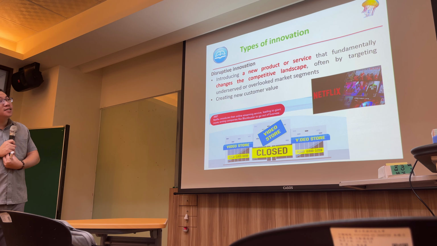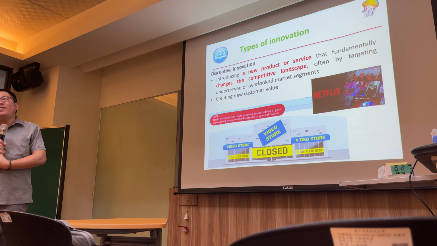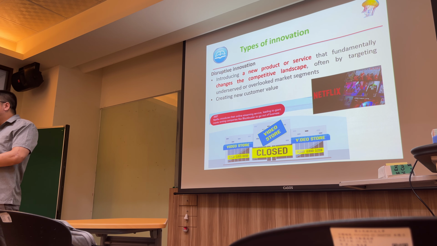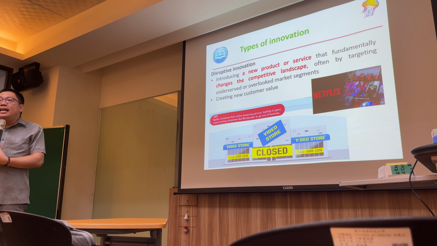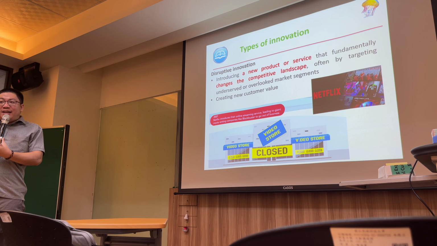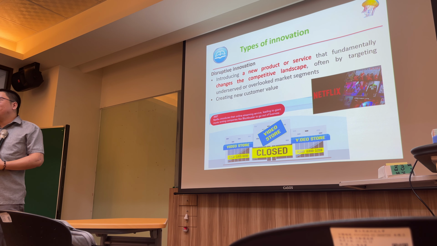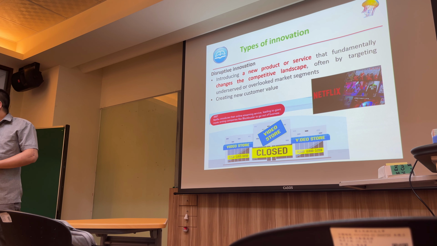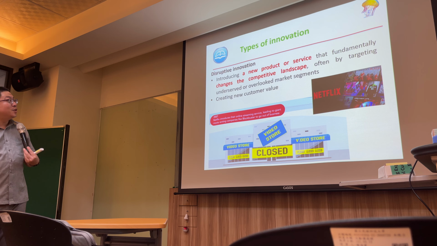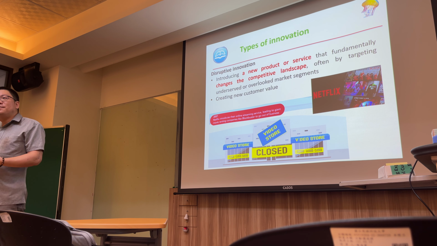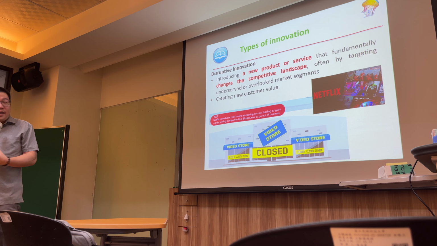Introduce a new product or service that fundamentally changes the competitive landscape and creates new value for customers. Disruptive innovation is at the highest level of innovation. And it's typically related to changing the industry, changing the business model, changing the way we make money, creating new value for the market.